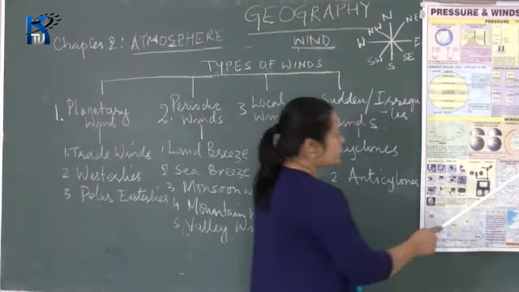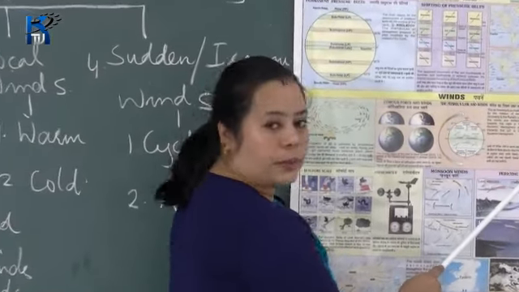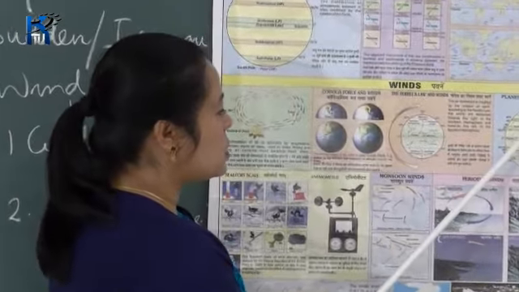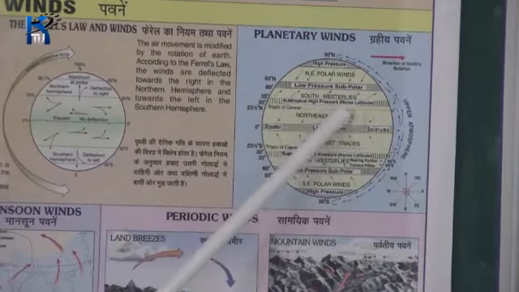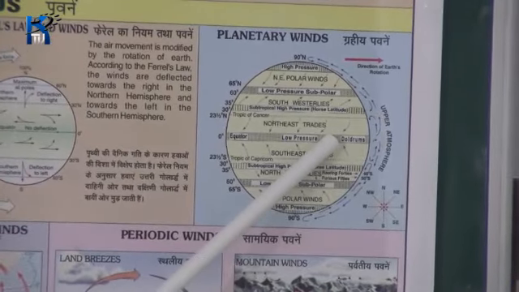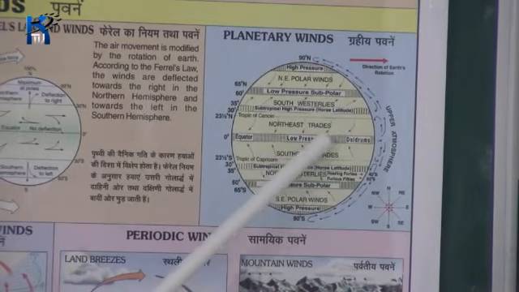Trade winds. Trade winds blow from the subtropical high pressure belt to the equatorial low pressure belt. In the northern hemisphere, they blow from the northeast. Because of this Coriolis force, they deflect towards the right.